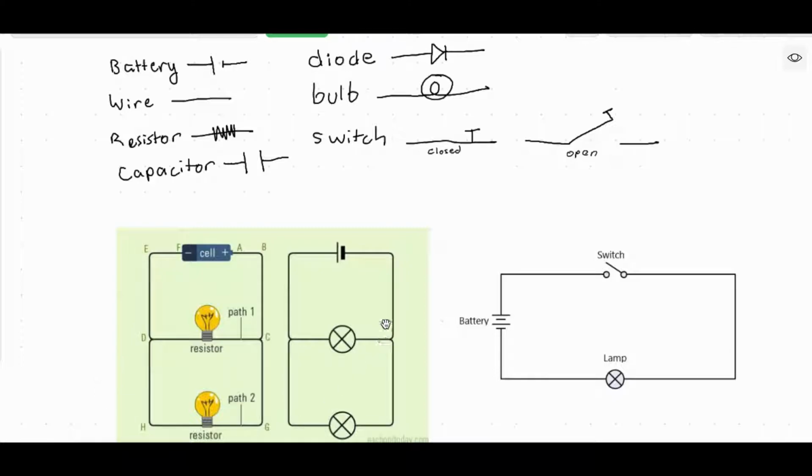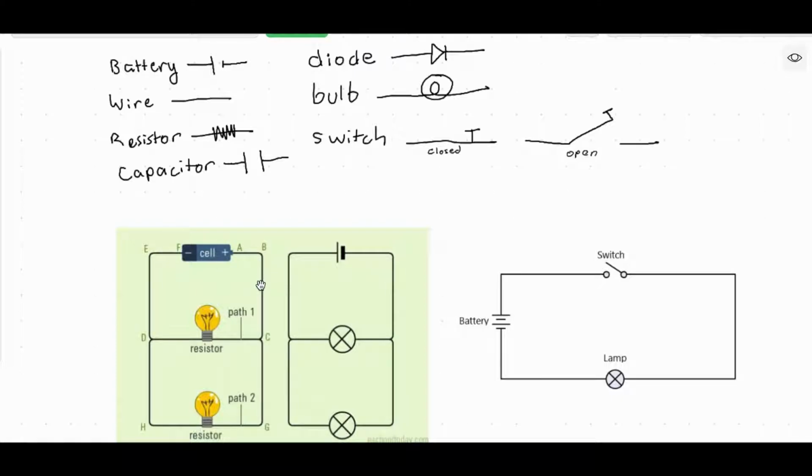A parallel circuit over here is identified by the ability for the electrons to take different paths. So if the electrons wanted to go down here and right to this bulb to light it up, they could come right back around here and complete that circuit.